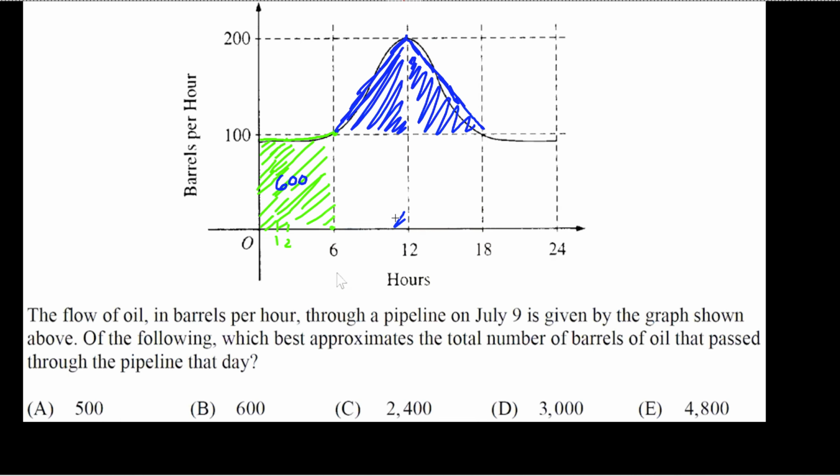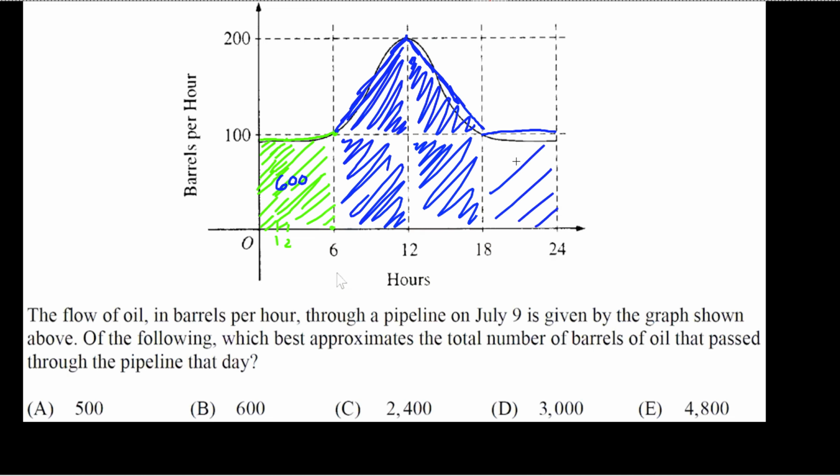And then this area is exactly 600, and this area is exactly 600 as well. And then this is approximately 100 barrels for this remaining 6 hours here, so this is also about 600.